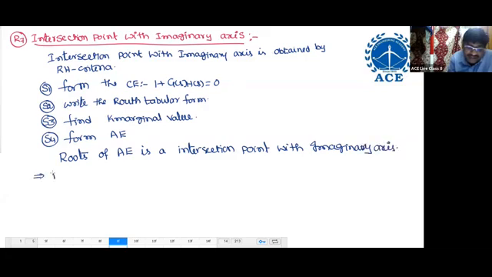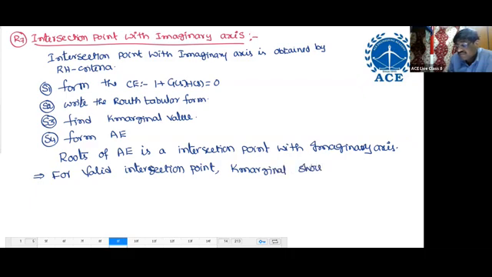For a valid intersection point, K marginal should be positive, when K increases from 0 to infinity. So this is the procedure.